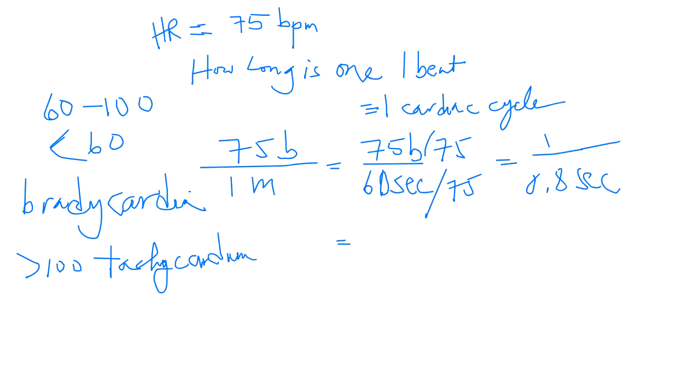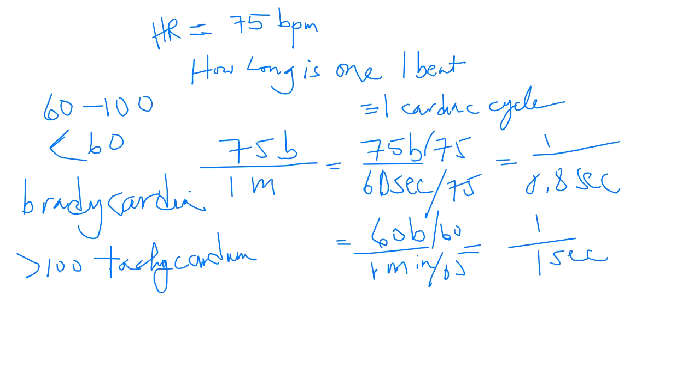Right? Now, if it's, let's say, 60 beats per minute, how long is 1 beat? How long is 1 cardiac cycle? You divide this by 60, and it'll be 1 beat in 1 second. That makes sense, right?